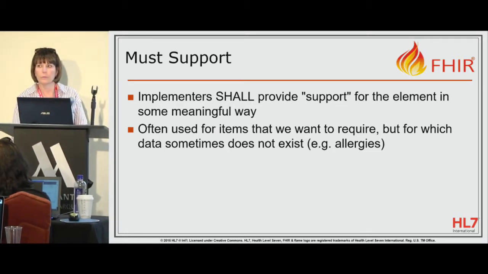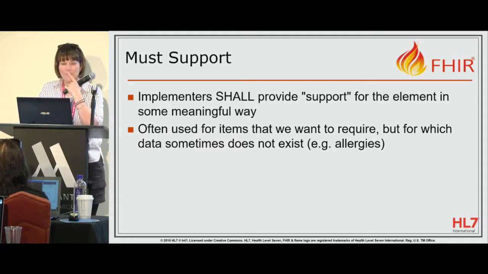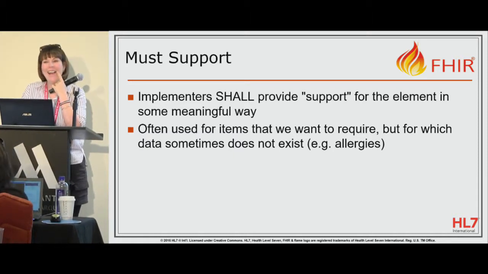The other thing to realize is like any other constraint in an IG, if you are inheriting it, so if you're basing yours off US Core, you are inheriting US Core's definition. Okay, so if my IG is dependent on US Core, I've just inherited US Core's must support rules. Linda Michelson was the one who told me that that's not true. Linda Michelson is not teaching this course.